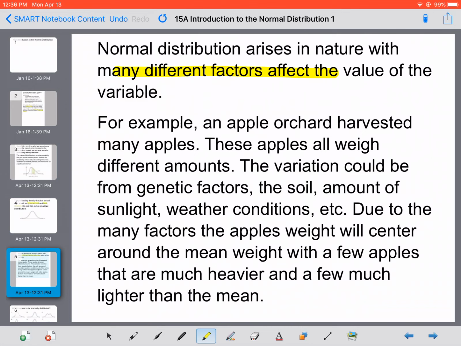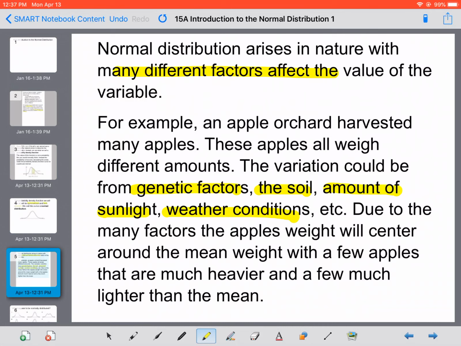So why is that? Well, there could be multiple different things. You could have genetic factors. You could have the soil that the apple tree is in, the amount of sunlight that the tree has, weather conditions. All of those are going to be factors in what the weight of that apple is.